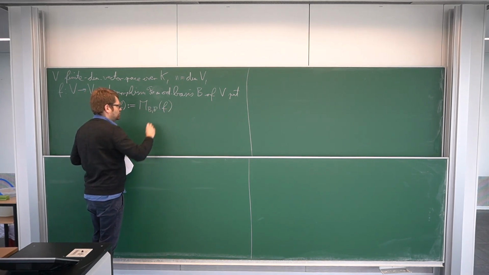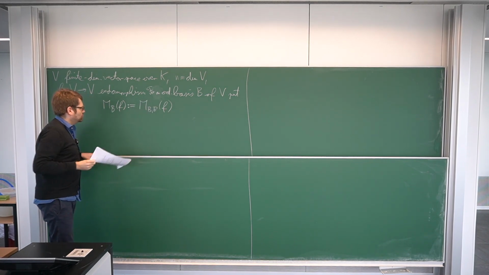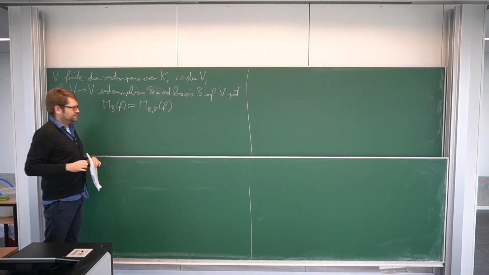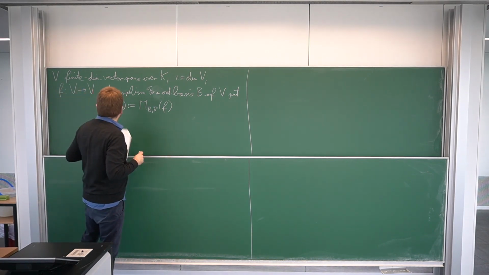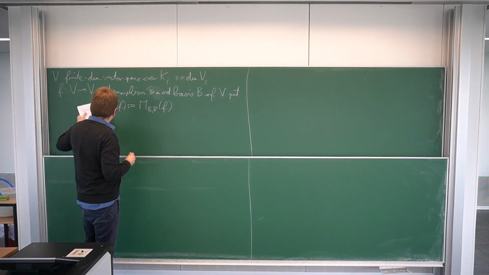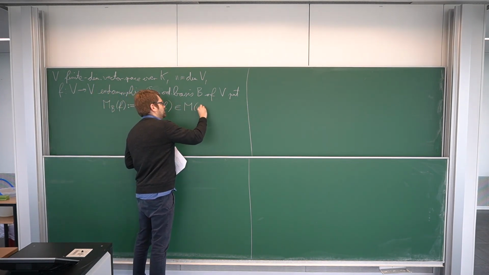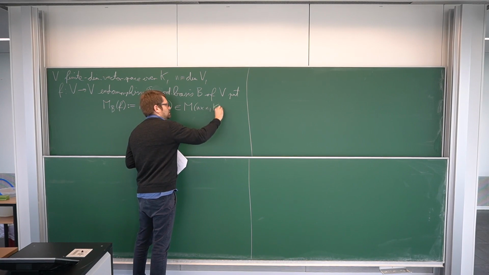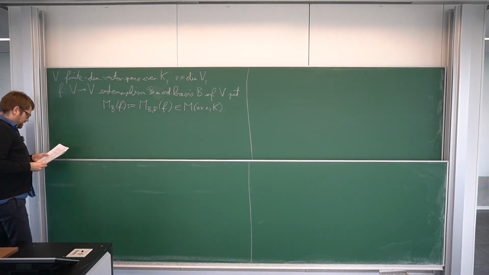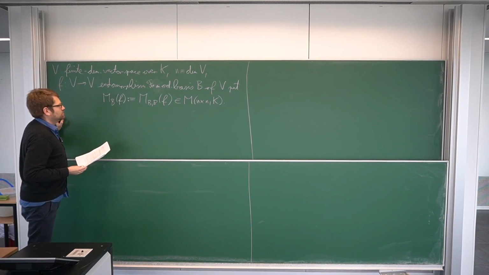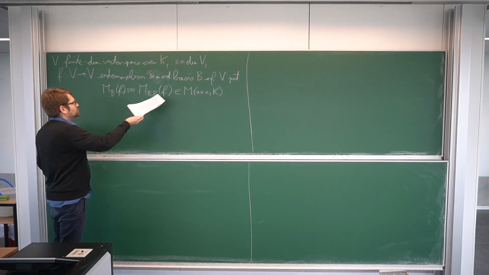This would be the matrix representation of F with respect to B on the domain and B on the codomain. And we just save one B by writing this. Now, V is an n-dimensional space, so it's a map from an n-dimensional vector space to an n-dimensional vector space, which means the matrix is an n by n matrix.